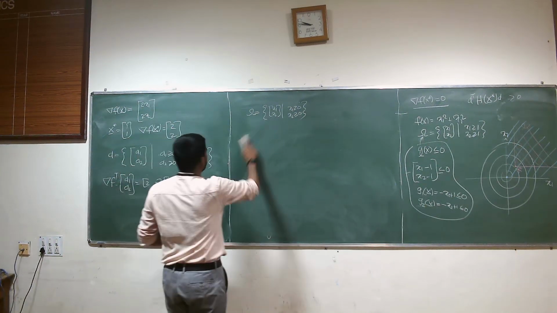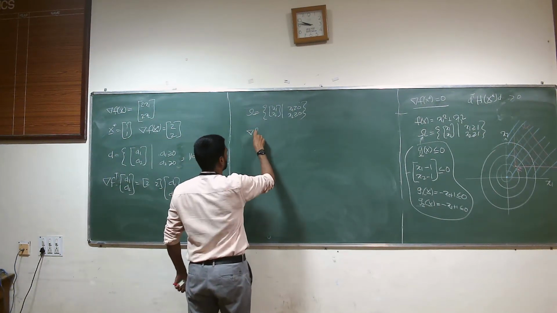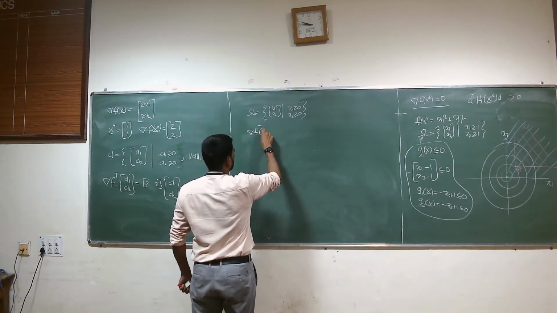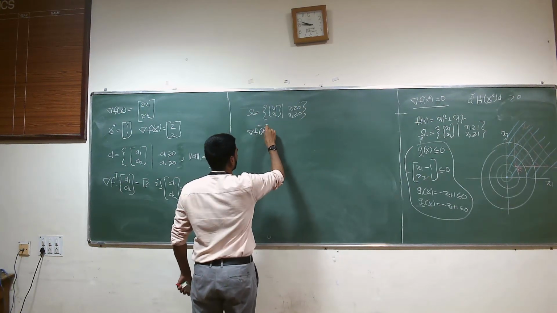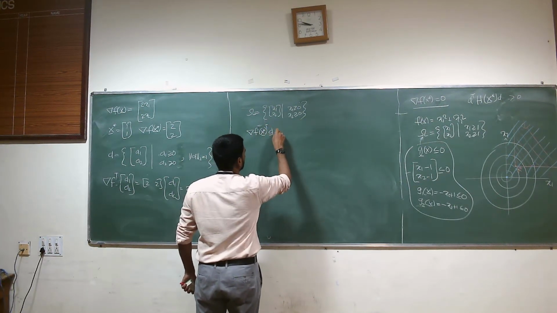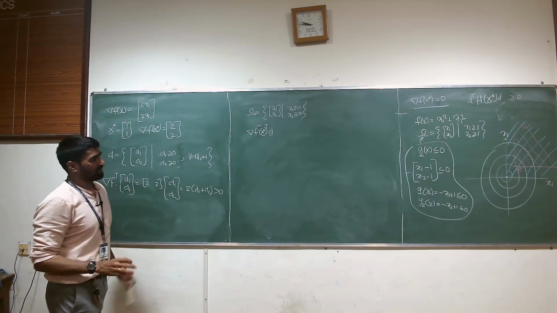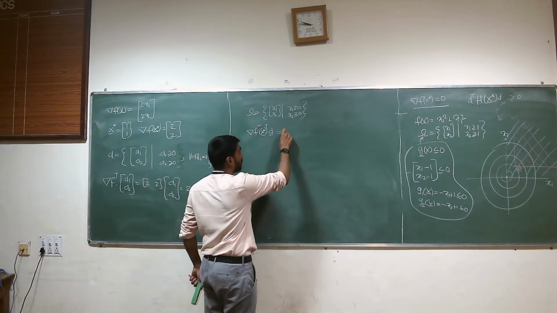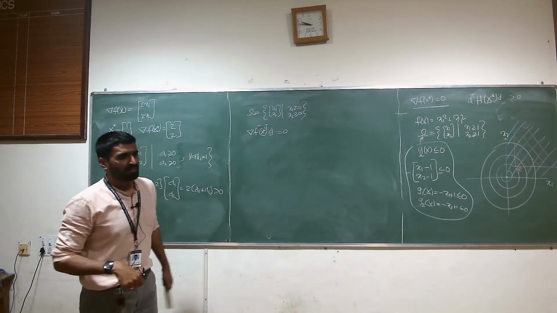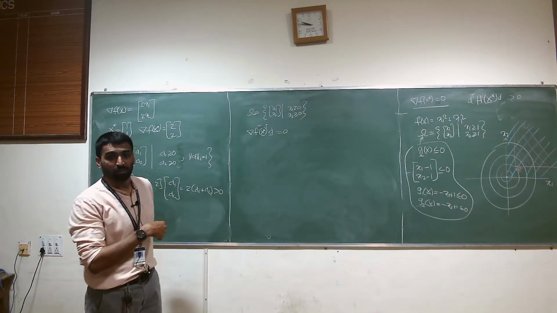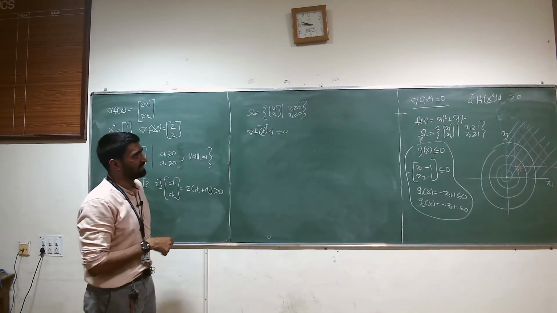Tell me what you find for this. All right, you get 0. That means we don't know. That means now you'll have to apply the second order condition. What is the second order condition?